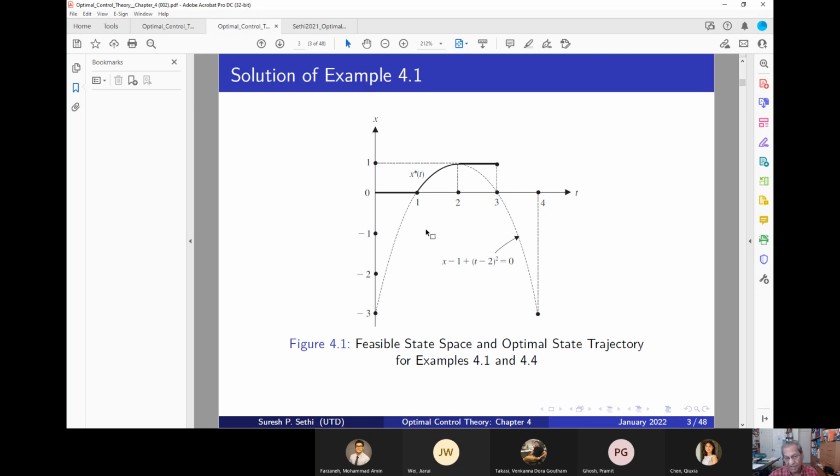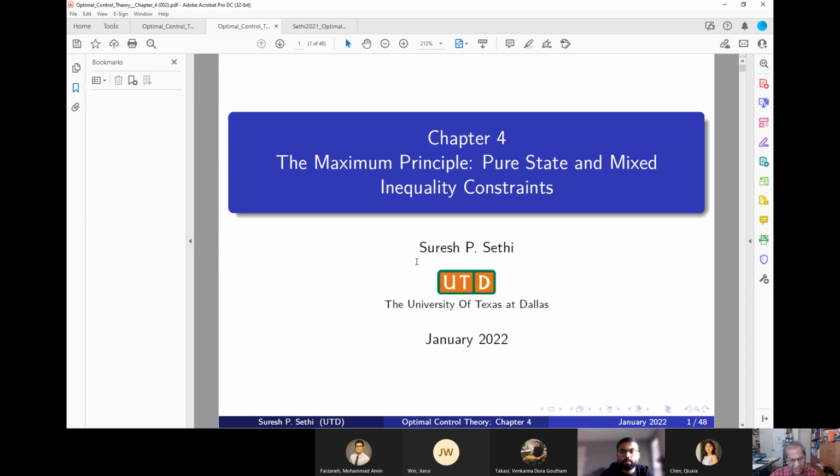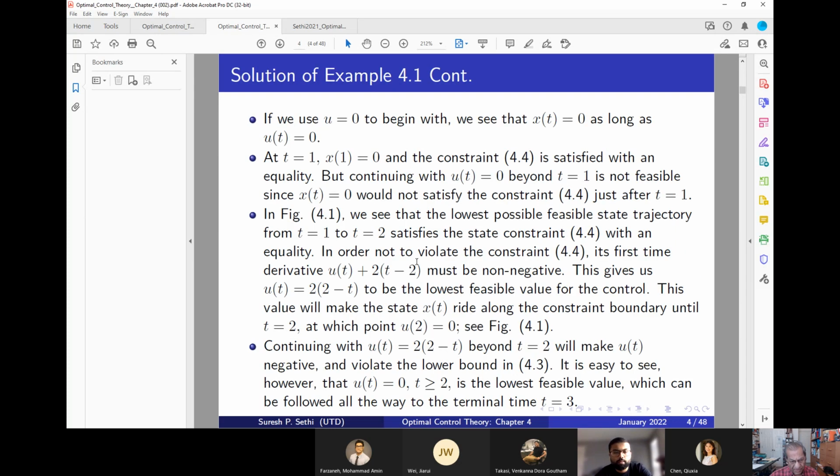So what is allowed? Well, it's clear what is allowed. Can anybody tell me what I should do? If I'm here and this slope is bigger than 3, you can easily find out what the values of x would be.